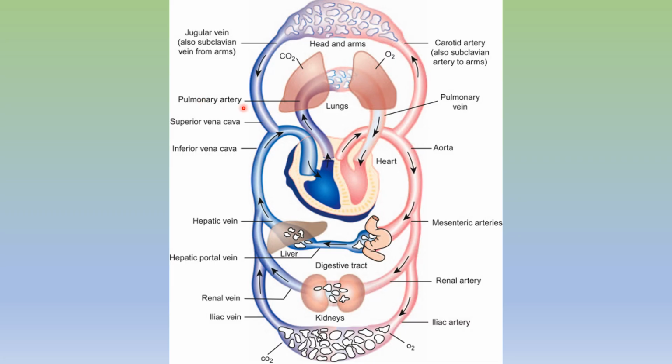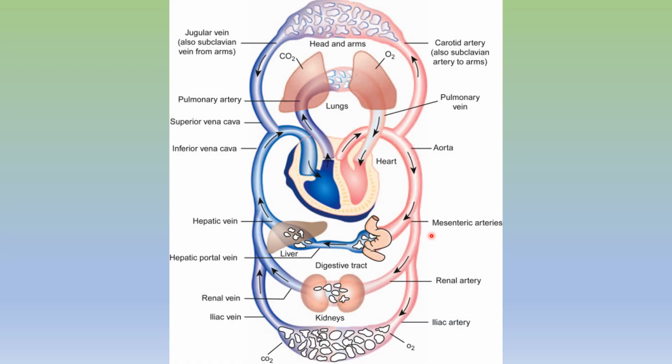So it's going to be the pulmonary artery, and it returns via the pulmonary vein. The major artery that takes blood out of the heart is the aorta, and this one now branches to all the different organs. If it's going to the digestive system, it is the mesenteric arteries.